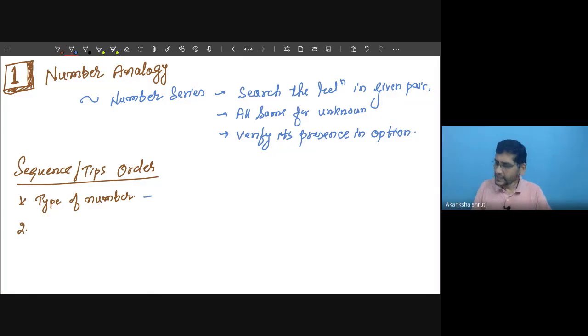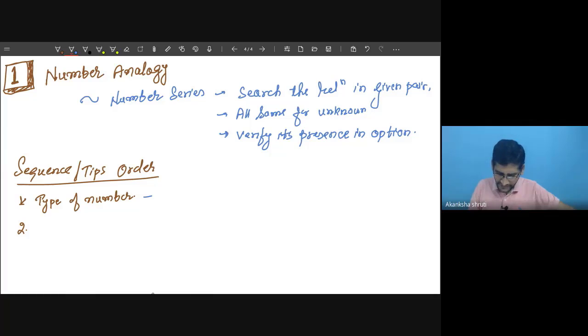Student, it may be given that among the pair there is a prime pair and the other one is also prime, and you are given certain options in which only one will be prime and the others are not prime. Then you have to observe that. So only prime among the options, that will be the correct answer. Okay, that is called the number pair.